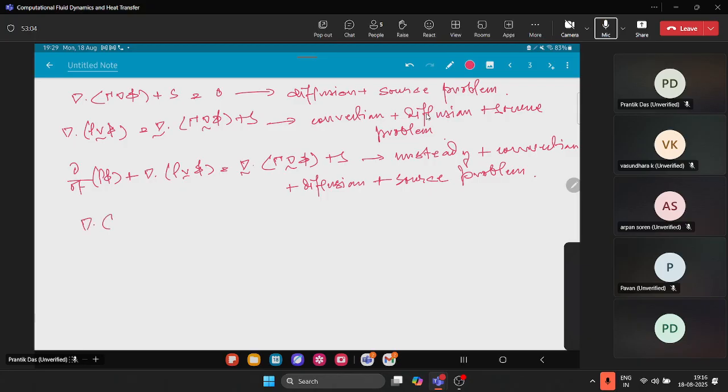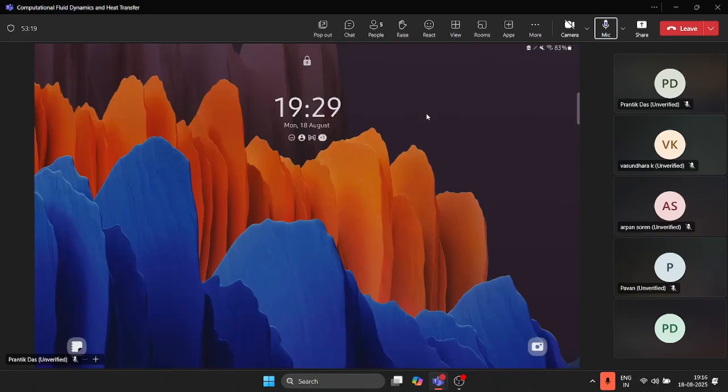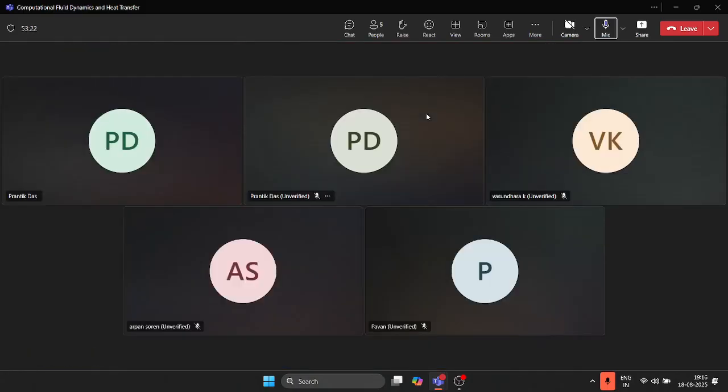So initially, what we are going to do is consider del dot gamma grad phi plus s, which is basically your diffusion source problem, and then solve it. First, we will discretize by using the central difference formula, and we are taking a simple problem for the sake of simplicity.